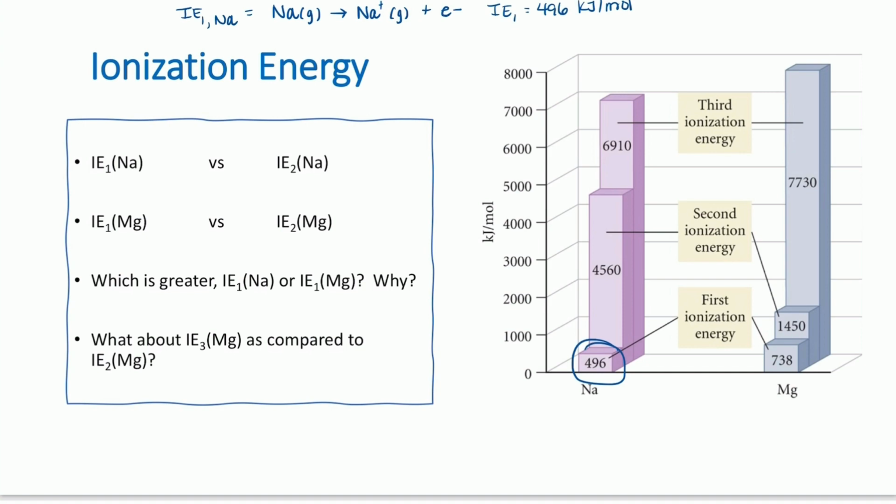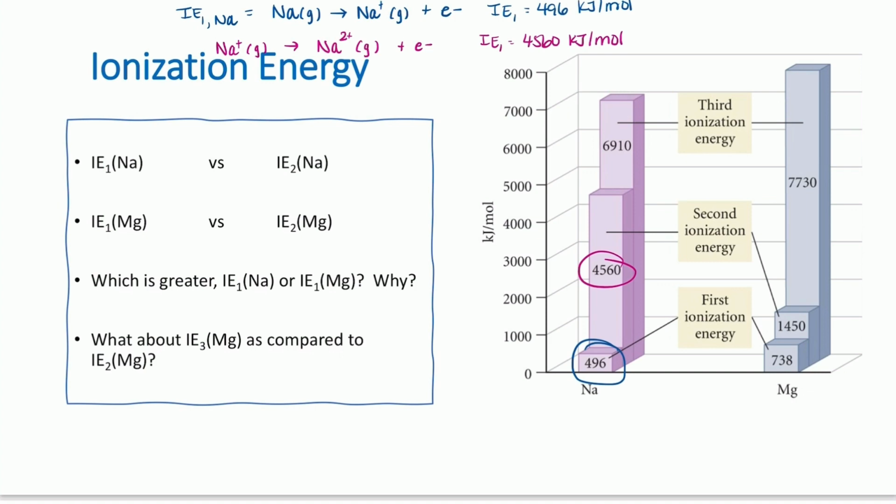The second ionization energy, though: if I took Na+ gas and formed Na2+ gas plus another electron, the second ionization energy here is 4,560 kilojoules per mole. We see a huge, huge jump.